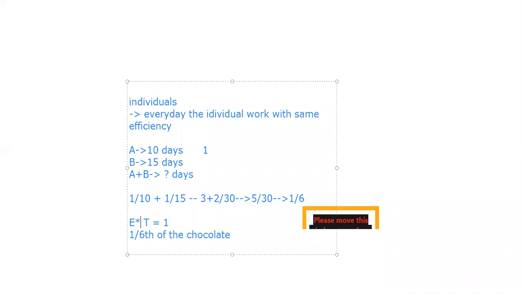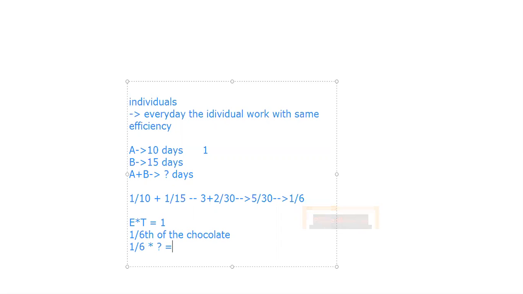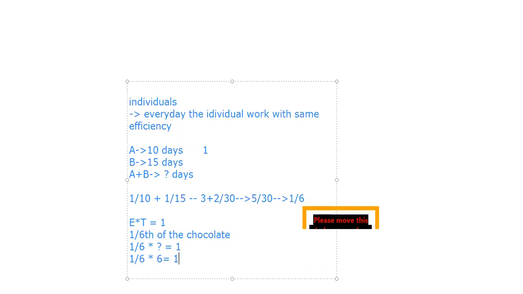So now the question becomes: 1/6 multiplied by what number will give you 1? Or you can consider this as efficiency is in the ratio 1:6, time will be in the ratio 6:1. So 1/6 you should multiply by 6 to get 1. That's it. This is what they call the unitary method.